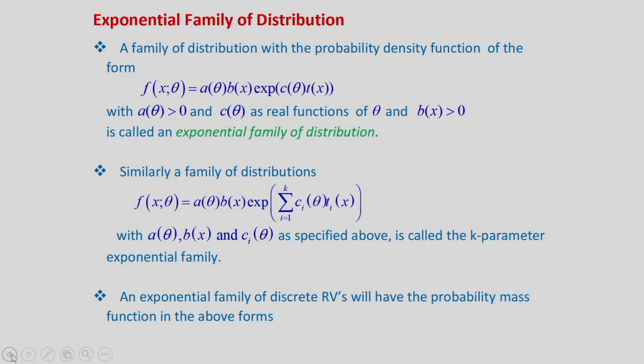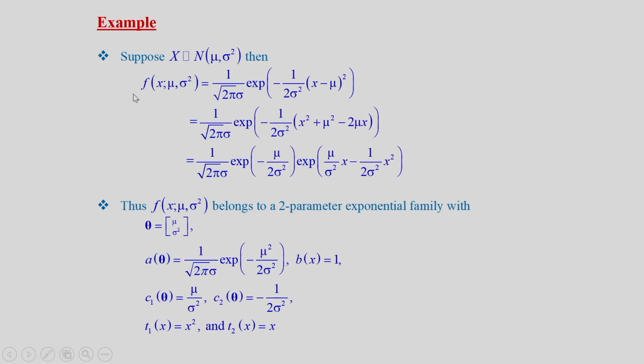Then this family is known as the k parameter exponential family of distribution. We can find an exponential family of discrete random variables also in a similar manner. If the probability mass function can be written in this form, then that family will be called the exponential family of distribution.